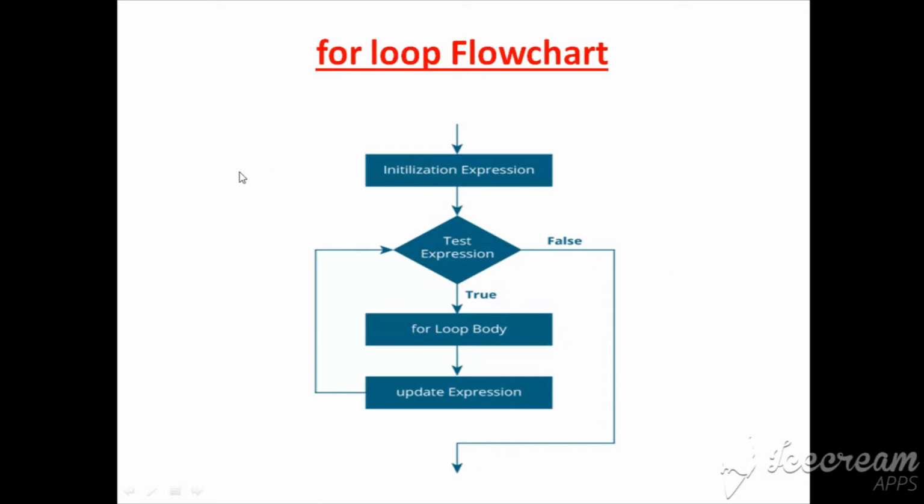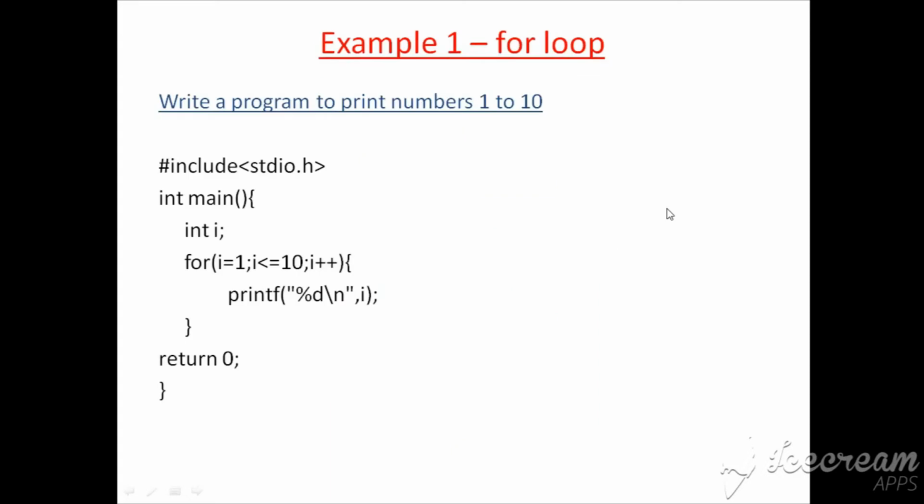Next, to remember or know how this looping function works, we just practice this loop function with an example. So in example 1, write a program to print the numbers 1 to 10. Okay, so we have to write a program in which we can print the numbers starting from 1 to 10.